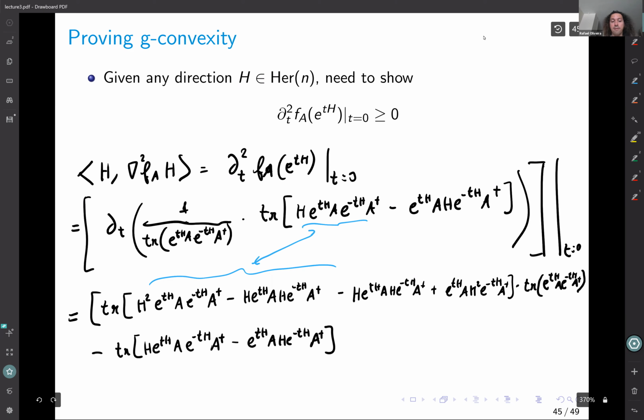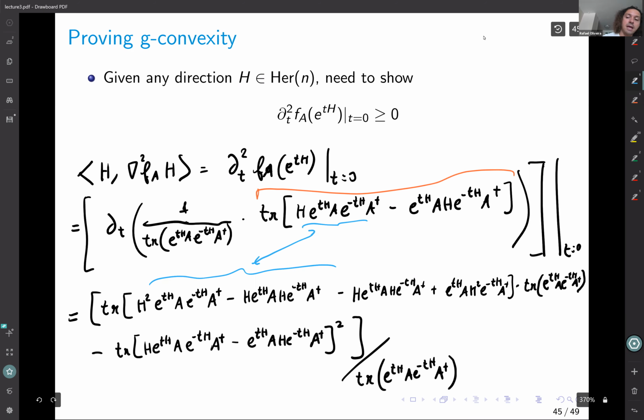Note that now we have to take the derivative of the denominator, but the derivative of the denominator is exactly this guy in orange. So all we need to do is take a square, and that's our numerator, and our denominator becomes the trace of e^{tH} a e^{-tH} a dagger, squared. This is just basic calculus, and all of this we'll have to evaluate at t equals 0.